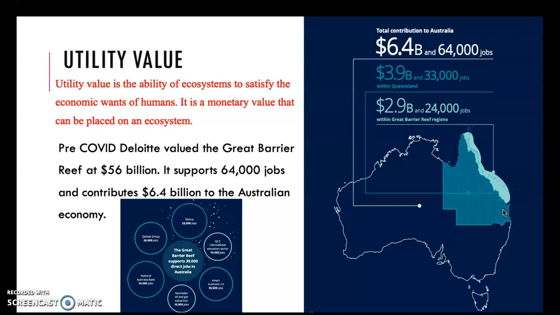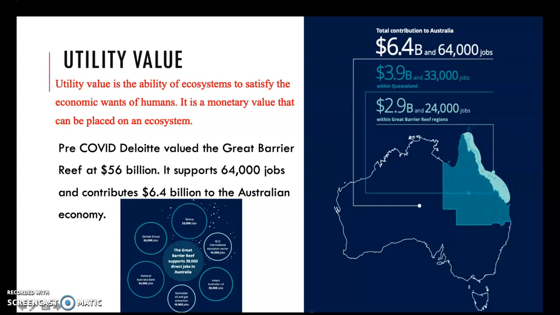Now, that is a lot of money, and that contributes to the domestic economy in Australia, as well as the global economy worldwide. It adds $6.4 billion to the Australian economy and creates 64,000 jobs. Now, this is all pre-COVID, okay? So post-COVID things are a little bit different, obviously, because we can't have the tourism. But this is what we can say the utility value of the Great Barrier Reef is.